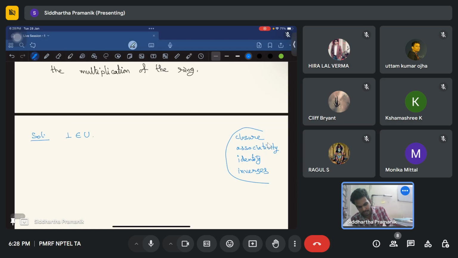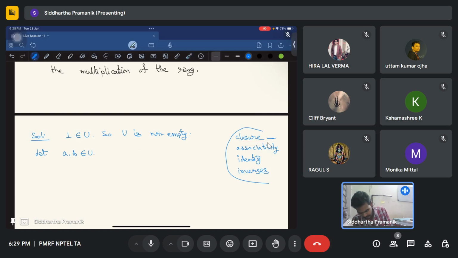So let's try with the closure. So here let me write. So U is non-empty. Okay. So let A and B belong to U. So we need to prove A times B is also in U so that closure holds.